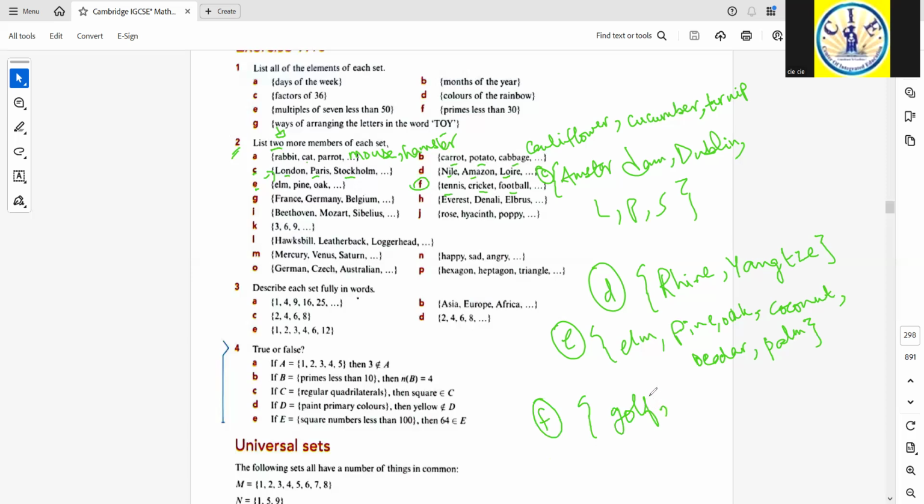It could also be snooker. It could be rugby, etc. Then in part G, France, Germany, Belgium. Then we can have Italy or Spain. That may include two more members into this set.